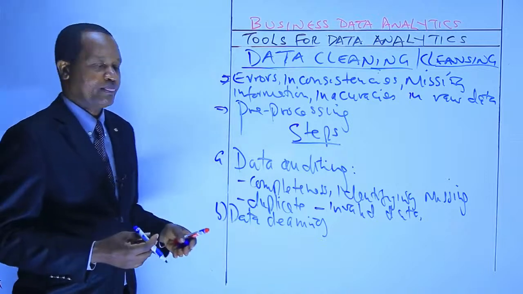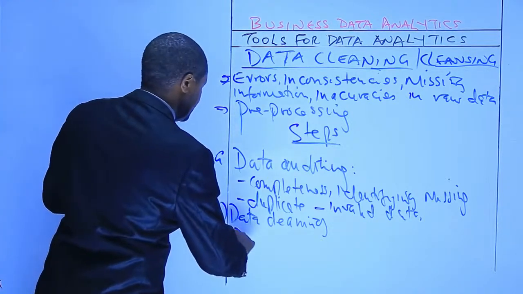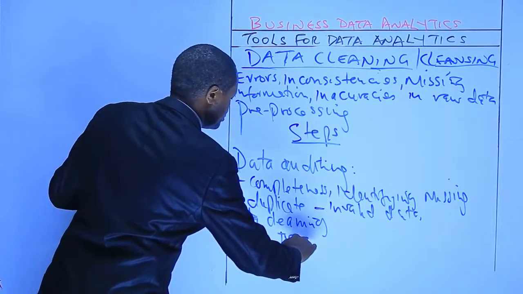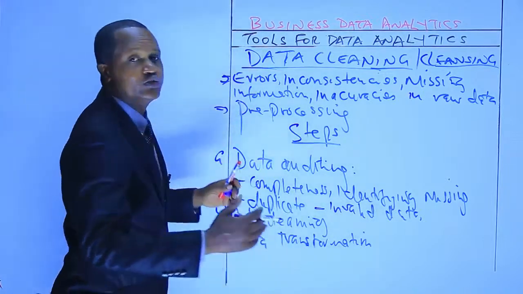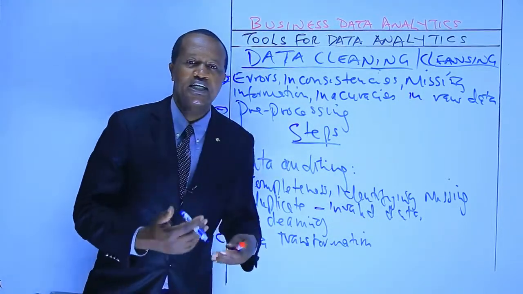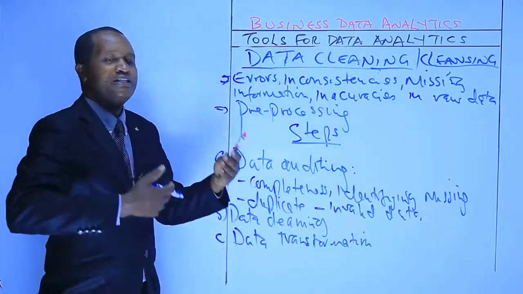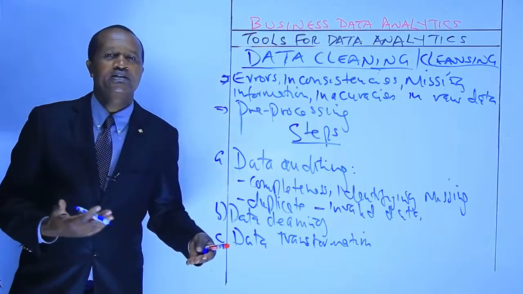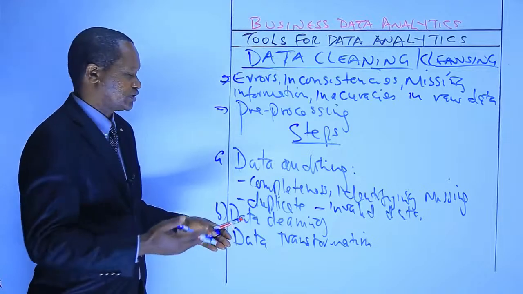Cleaning data. Then step number 3 is data transformation. Data transformation involves converting data into suitable format for analysis, such as normalizing, standardizing, and also encoding of categorical variables and so on.